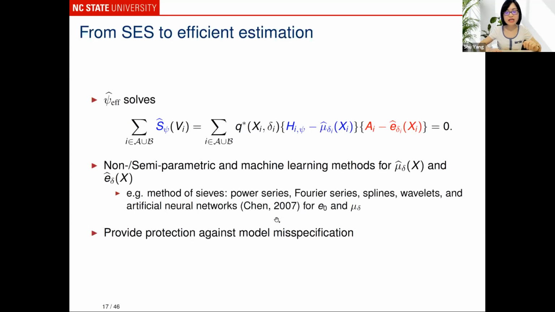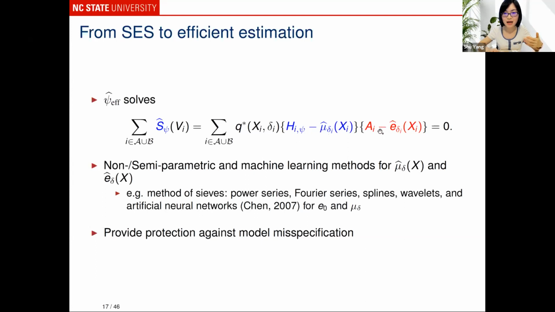It can provide protection against model misspecification. If you look closer, you can see that the score has a unique structure: it is a product of a residual times a residual. It actually corresponds to the Neyman orthogonality property.